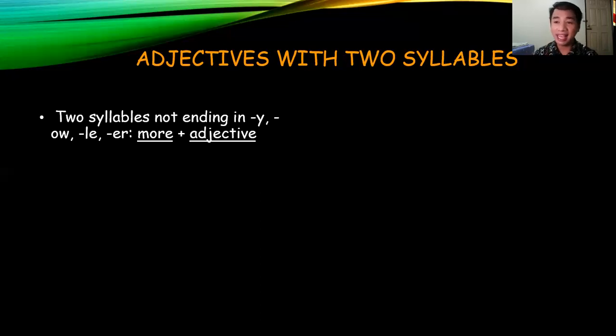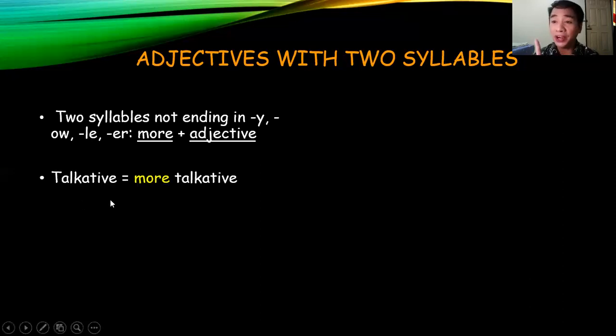Example, the word is talkative. Talkative does not end with y, ow, le, or er, because it ends with the letters ve, right? So what you will do is add more, then put the adjective. More talkative. Okay? More talkative.